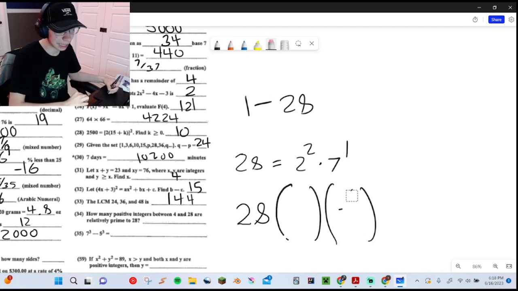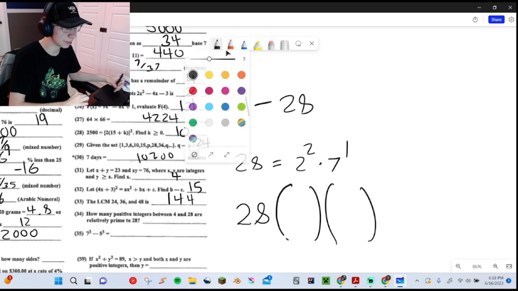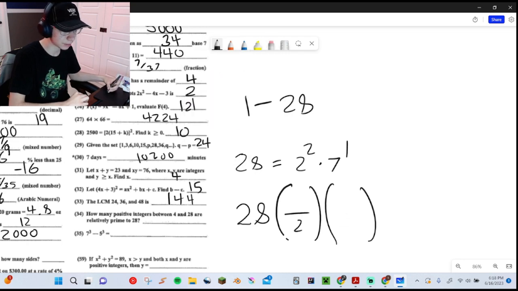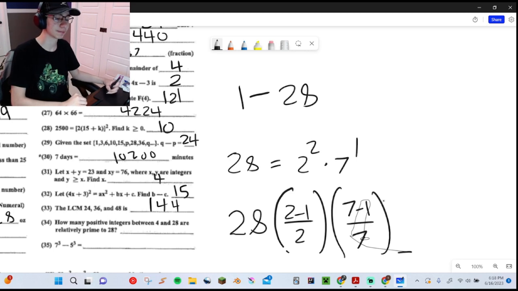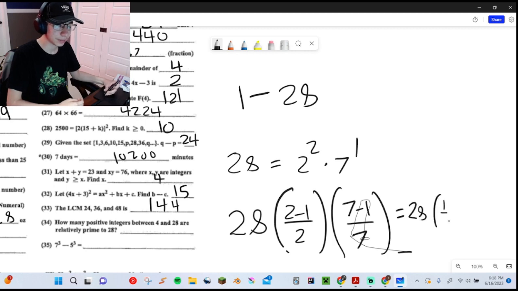So the way we get how many numbers are relatively prime here, we're going to do 28 times (2 minus 1) over 2 times (7 minus 1) over 7. And that's just going to end up being 28 times a half times 6/7.